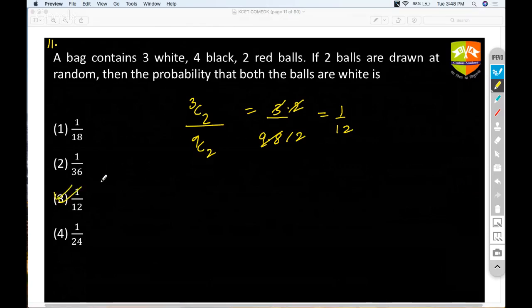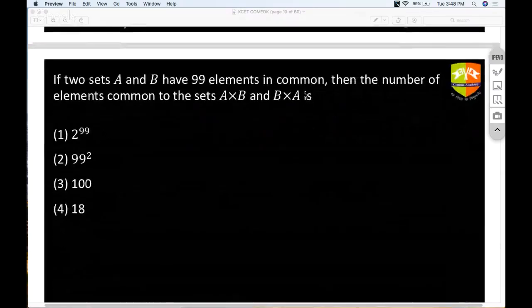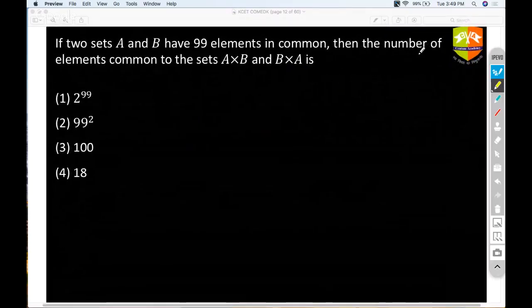So option number 3 is going to be the right option. The CT question. Is that fine? Great. So the first one to get this correct was Saundarya. Let's move on to the next question.